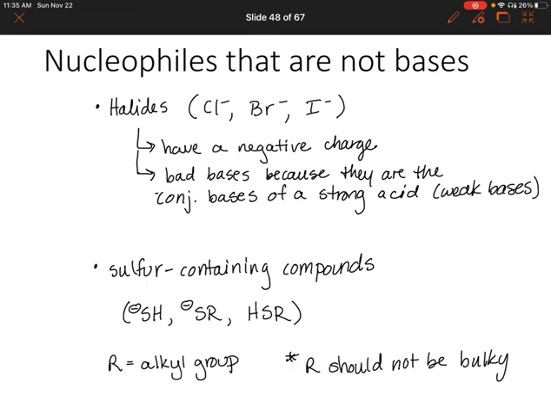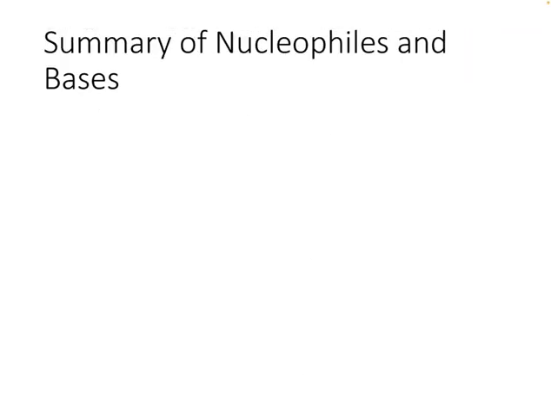Okay, so let's summarize everything we just went over. This summary would be a really good set of flashcards, because as we go forward, we're going to try to pick bases or nucleophiles that will favor E2, E1, SN2, or SN1. So these are good to have in your back pocket. Let's start with a good base that's a weak nucleophile.